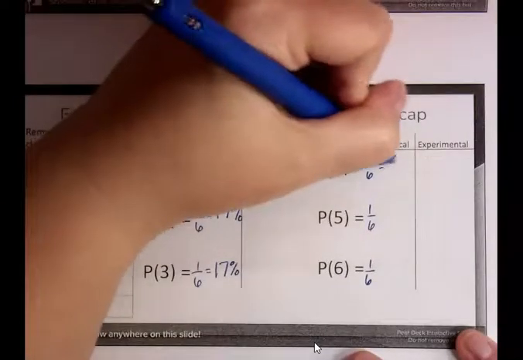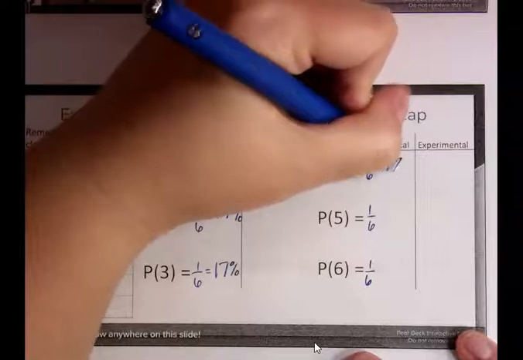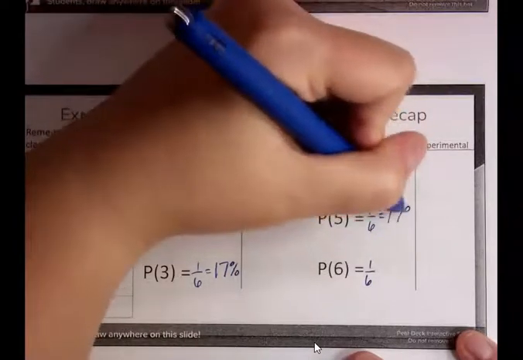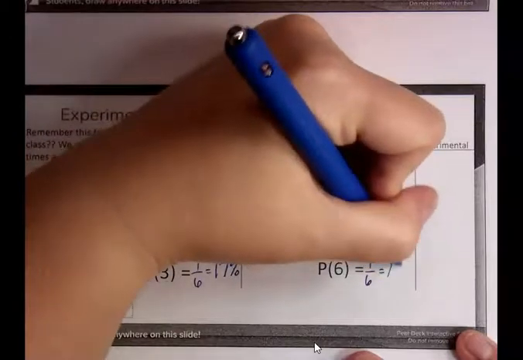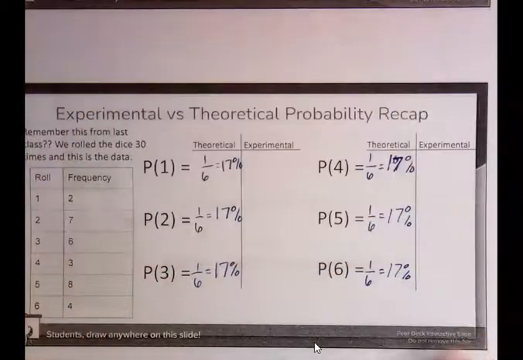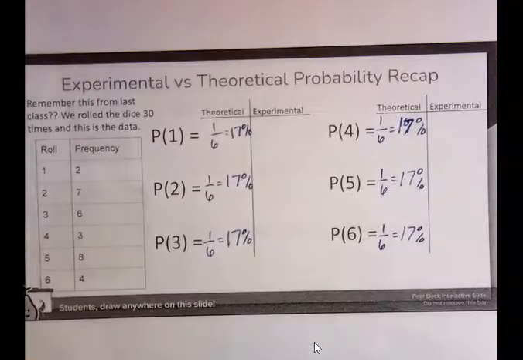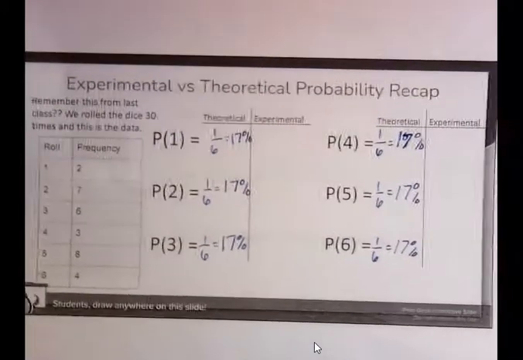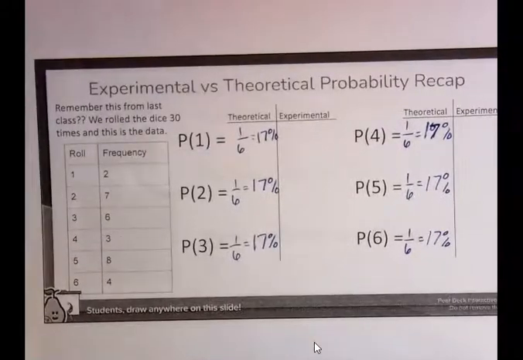Okay, I'm just going to do this all the way down. So that is the theoretical, that's supposed to be 17, kind of hard to tell. That's the theoretical probability of rolling a die.